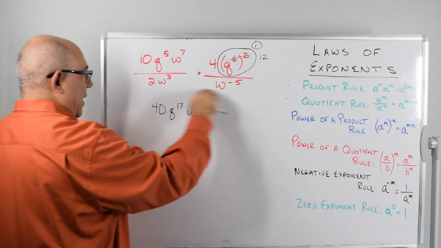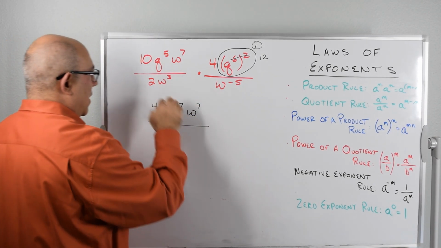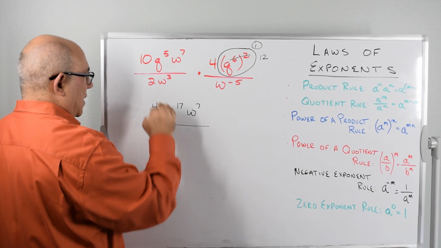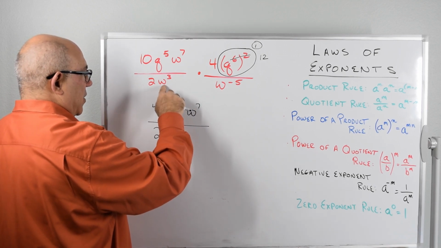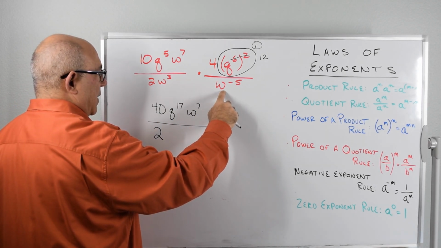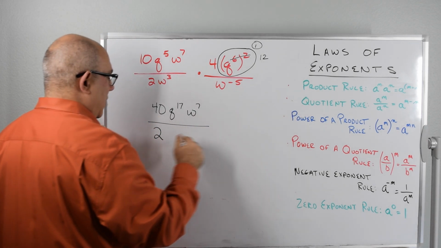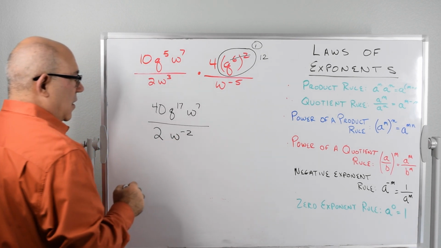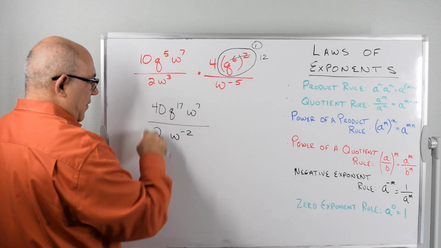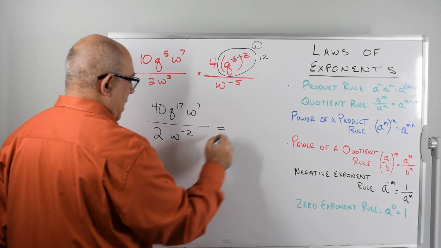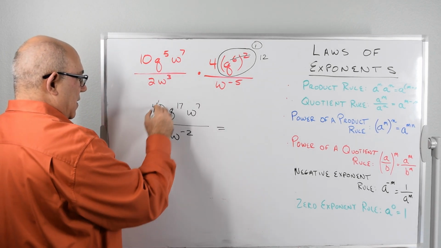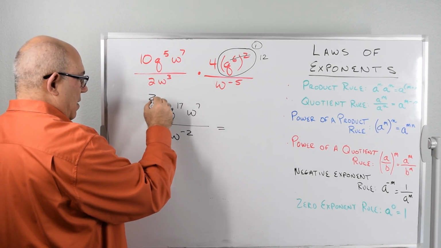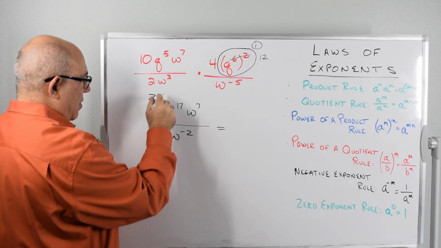Now we're going to work the bottom. So 2 times is just going to carry across. W cubed times w to the -5th. We're going to add the exponents. We get w to the -2. Okay, now we can simplify this. We can see this goes into this to 20. So now we have 20 up here.